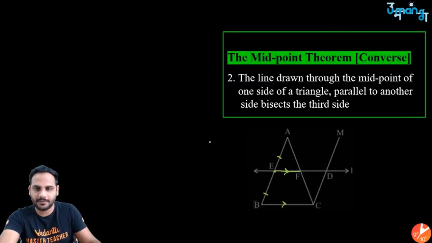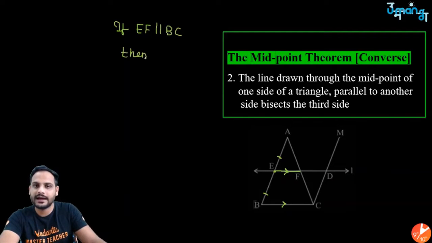EF and BC are parallel. So if EF is parallel to BC, then I can say that this line will intersect the third side at its midpoint. Then we can say F is the midpoint of AC.